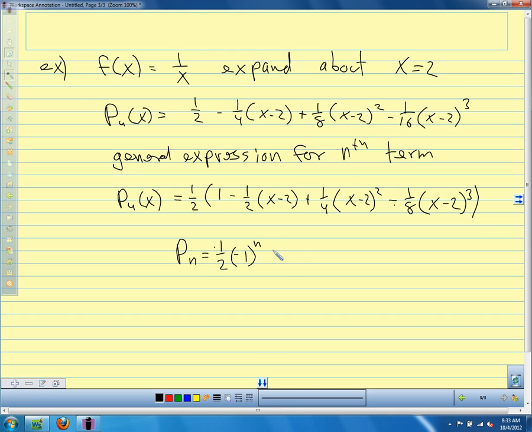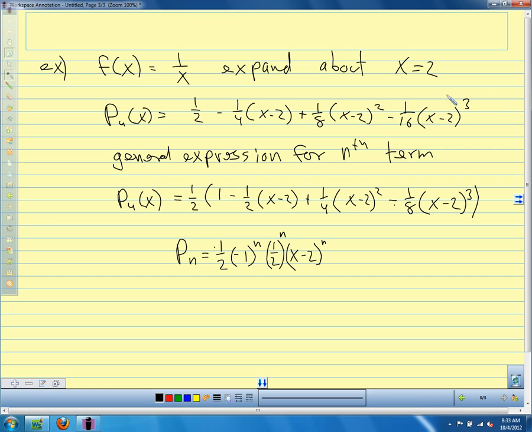I like when n starts at 0. The x minus 2 terms will be (x minus 2) to the n, if we're starting at 0, and (1/2) to the n, right? Because 1/2 to the 0 gives me the 1, 1/2 to the 1 gives me 1/2, and I get the -1 here, and this is the 1/2 that I have out in front. So everybody agree with that for my nth term?